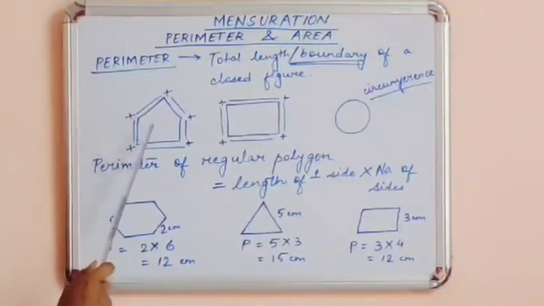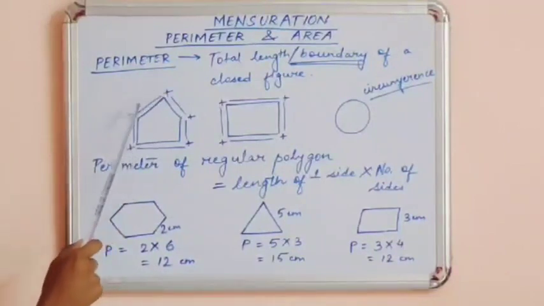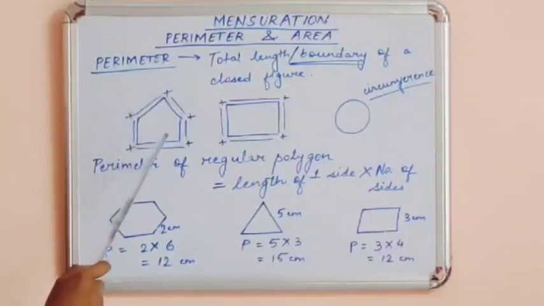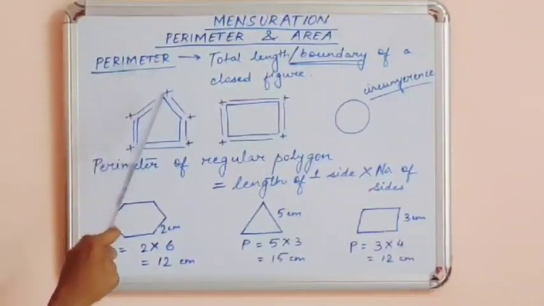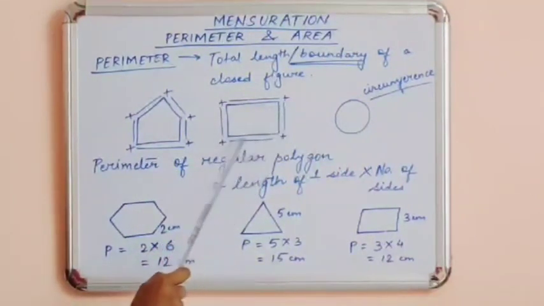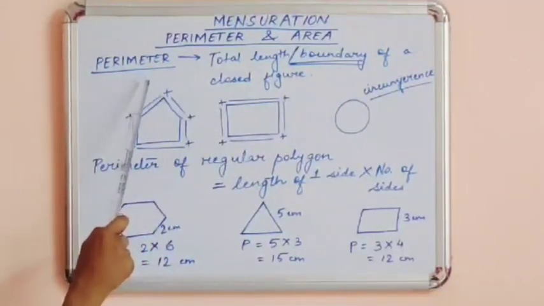Suppose in this figure, this is a 5-sided figure or we can also call it a pentagon. If we add up all the 5 outer sides of the figure, we'll be getting the perimeter. Similarly, in a rectangle, it is a 4-sided figure and if we add up all the 4 sides, we'll be getting the perimeter.